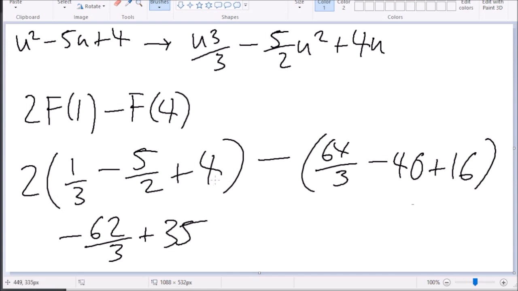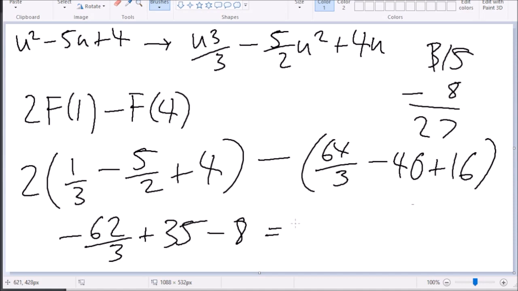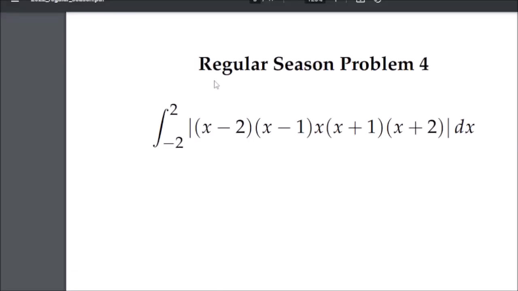This is 8 minus 16, negative 8. 35 minus 8 is 27. So 27 minus 62 over 3.